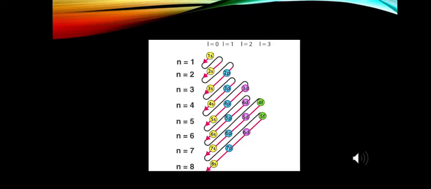Similarly, after filling 3d we will fill 4p, then 5s will be filled first, and after that 4d. For filling the electrons in the orbitals we have to follow this pattern. Only then will we be able to clearly put the electrons in the different orbitals. Hope you understand, and we will see some examples of how this principle works.